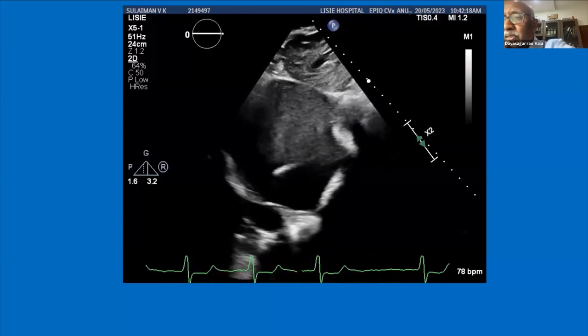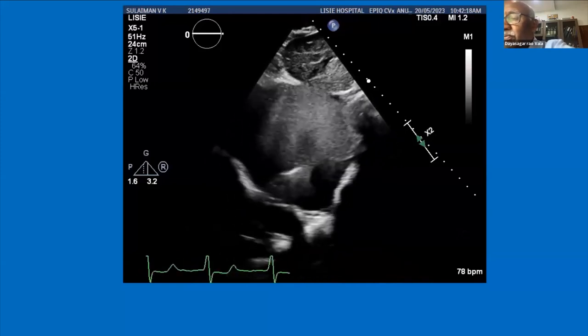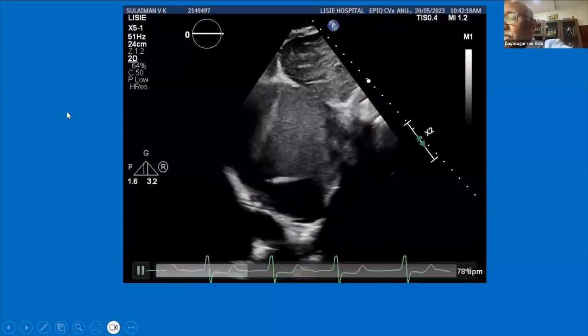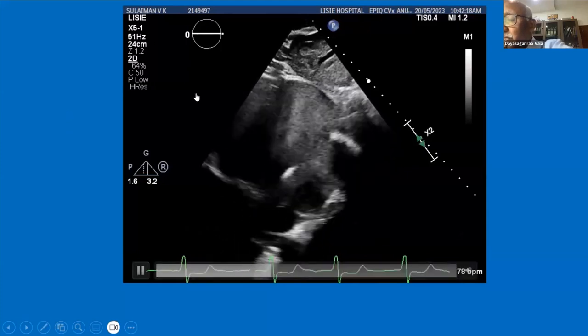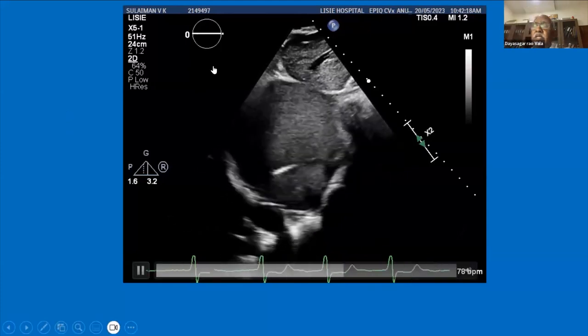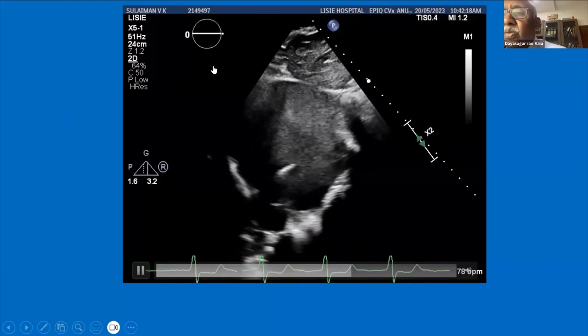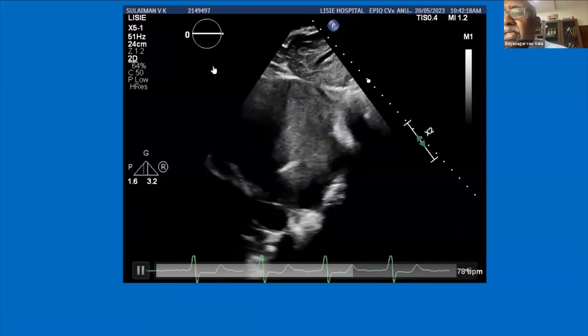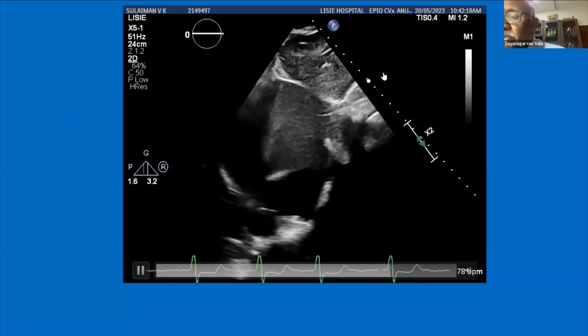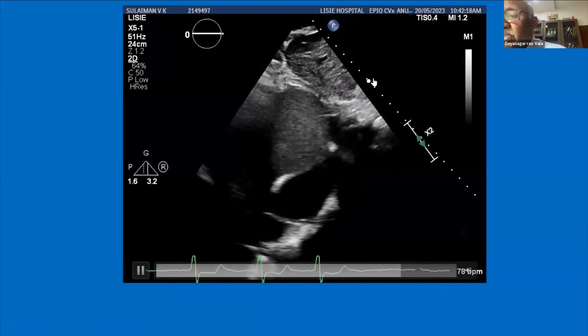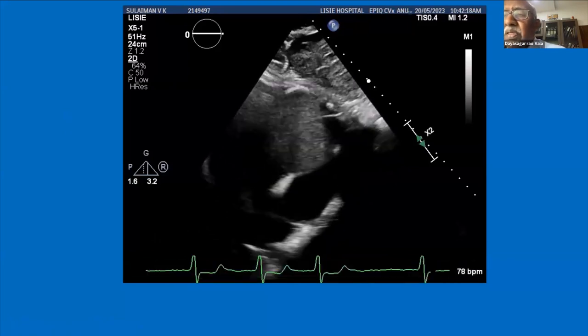You have to be careful about sending them for any surgery in those days. So as an initial clue, do an ABG at rest and during exercise, because even a small amount of right to left shunt can be picked up by the ABG, which cannot be picked up by oximetry, because there will be a fall in the PO2 even before there's a fall in saturation. So I think it's important.